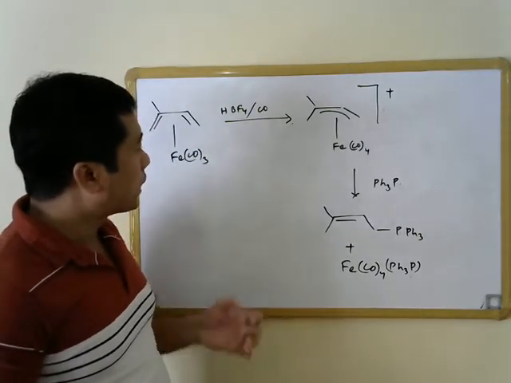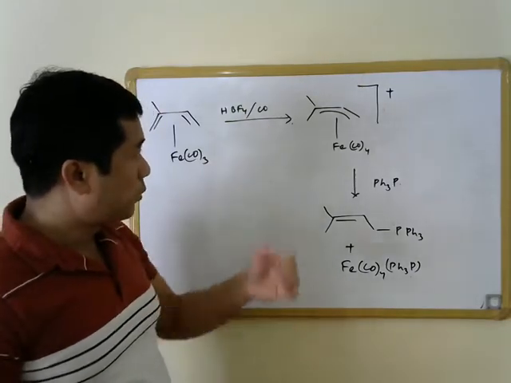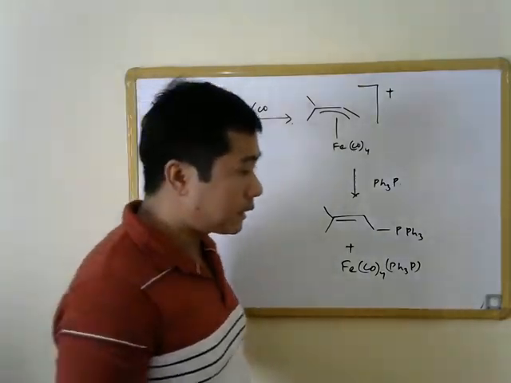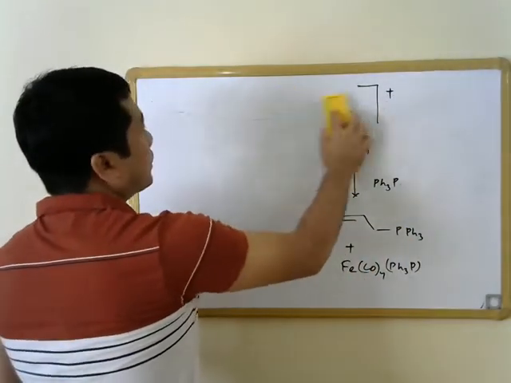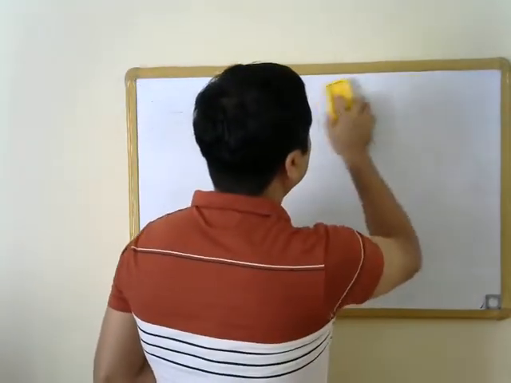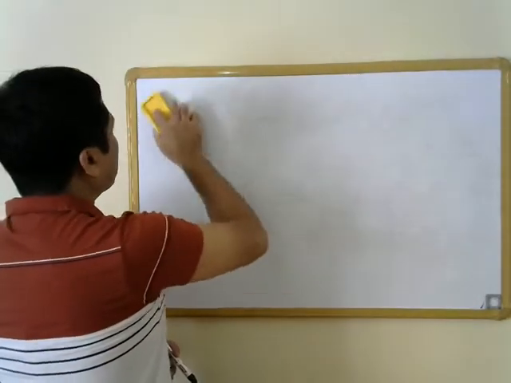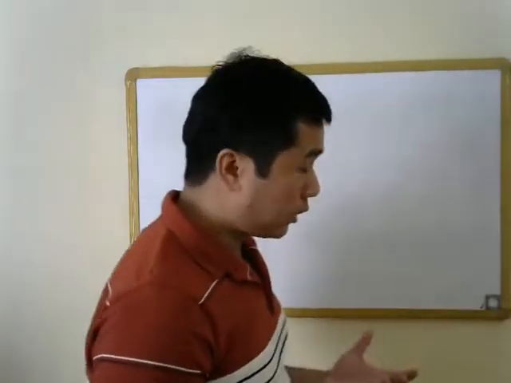So this is how one can carry out nucleophilic attack on such cationic metal allyl complexes, and for neutral metal allyl complexes, one can use a Lewis base again to make them cationic, and then carry out the nucleophilic attack on such complexes.